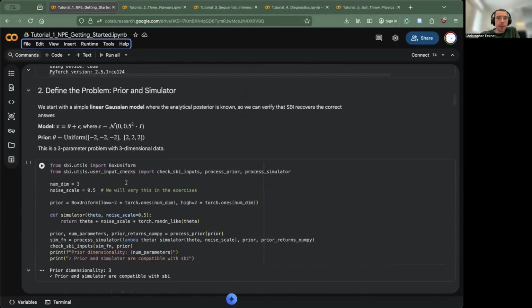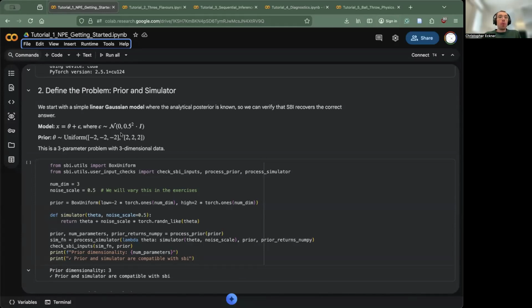So, what is the model I wanted to showcase here for this particular problem? Well, let's start with a linear Gaussian model. The linear Gaussian model is very simple. You have a parameter called theta that lives in a three-dimensional space, and you draw this parameter theta uniformly between -2 and 2 per dimension.